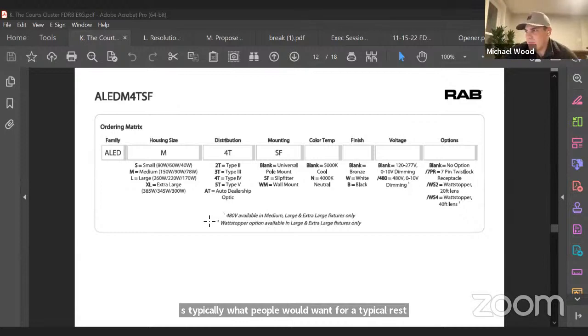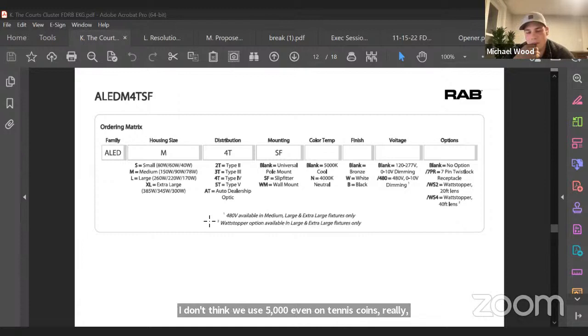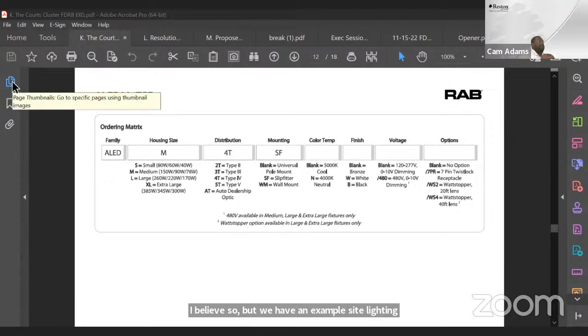Cam, do we have, you probably don't have access. I'm trying to think from the lighting study that was done. I don't think we use 5,000 even at tennis courts, do we? Isn't it only 4,000 at tennis courts? I can't remember. I believe so, but we have an example site lighting application online for clusters, and I'd be happy to send that to you, Stephen.